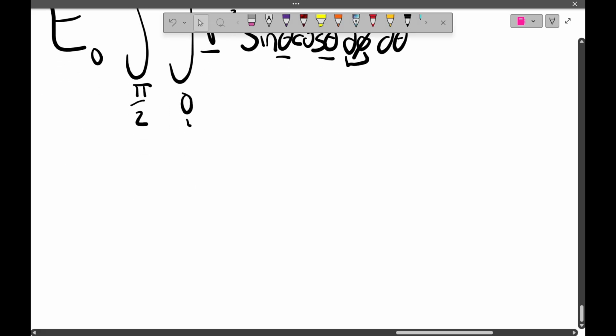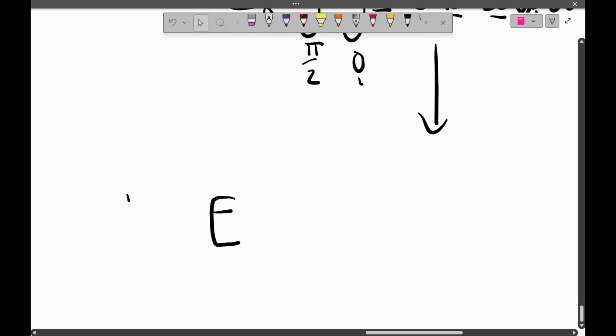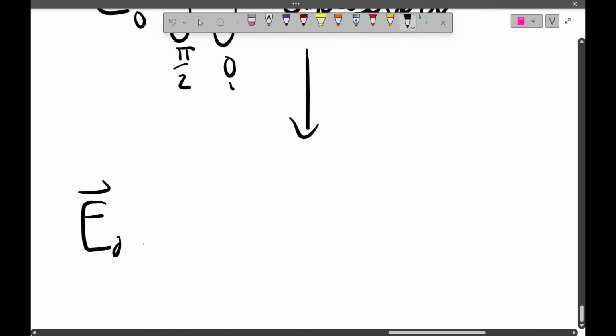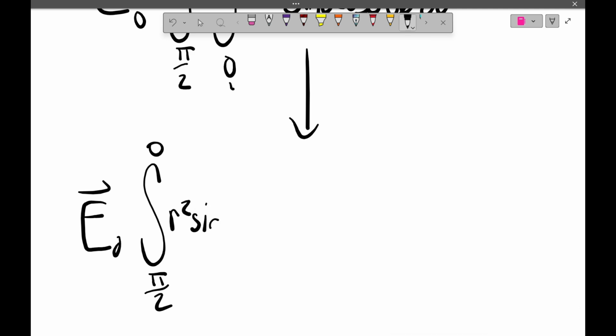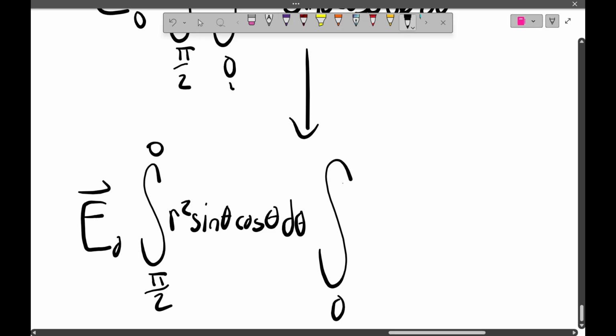So really, we can move all of those things out as constants, and we can say flux is equal to E naught times the integral from pi over 2 to 0 of r squared sine theta cosine theta. Both of these are theta terms, so they're along for the ride with the d theta part. And then that is times the integral from 0 to 2 pi of d phi.